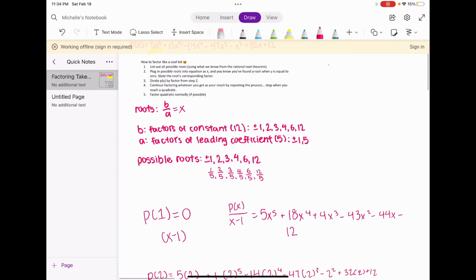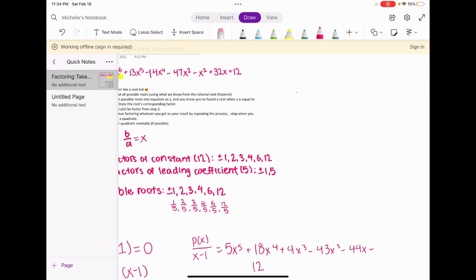So the possible roots are still going to be the same. If we plug in these numbers into this equation as x, we end up figuring out that p of negative 2 is equal to 0. So the corresponding factor would be x plus 2.